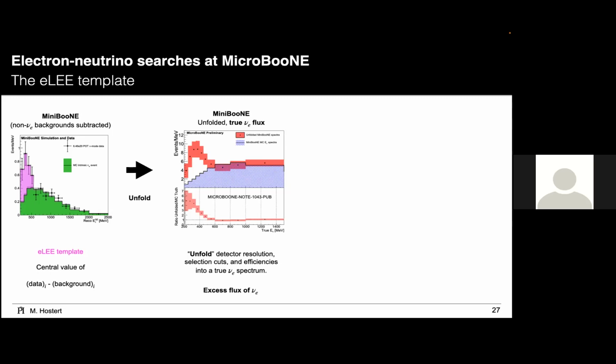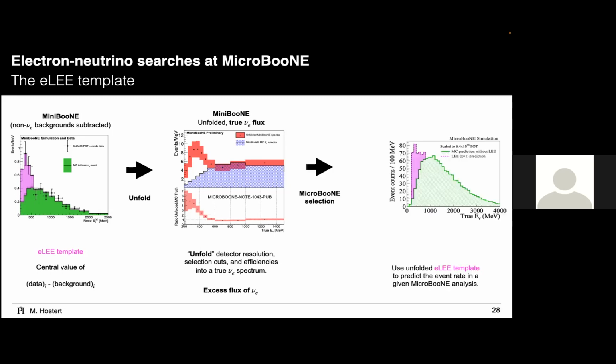And now that they have this prediction from unfolding to the true neutrino energy spectrum, they can then apply that spectrum to the MicroBooNE experiment, given a set of analysis and selection cuts, etc., and that will give them an event rate prediction. So a given template in MiniBooNE gets unfolded into a true quantity, which then gets you a prediction at MicroBooNE.